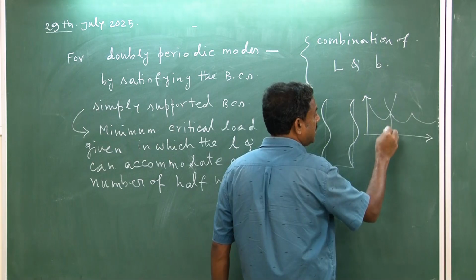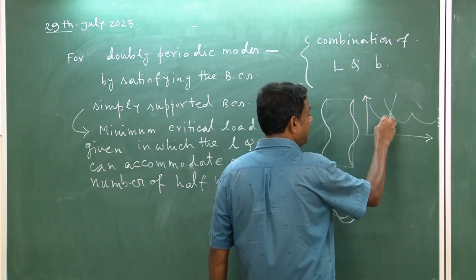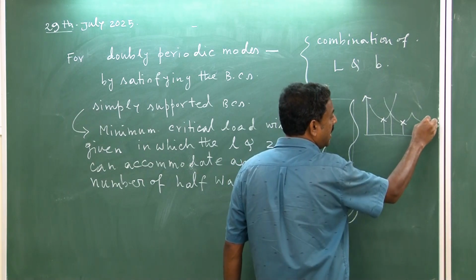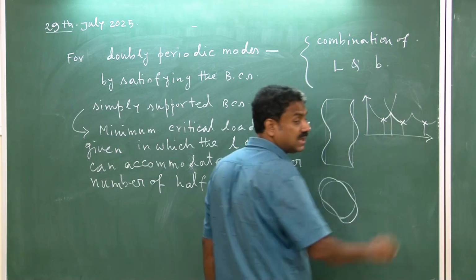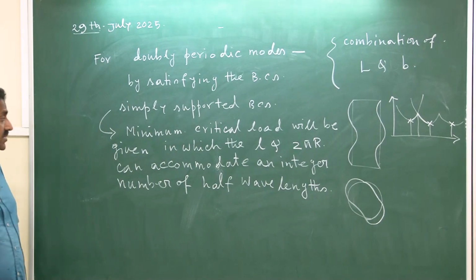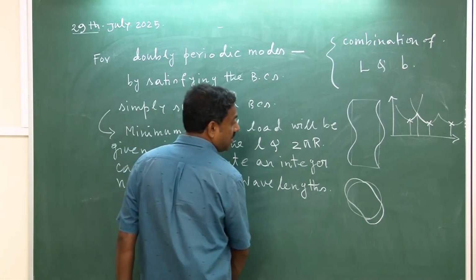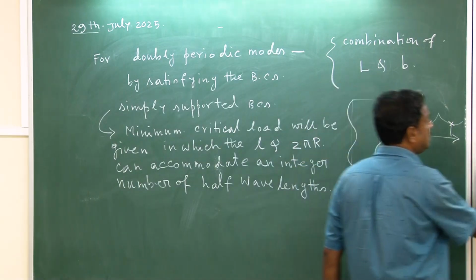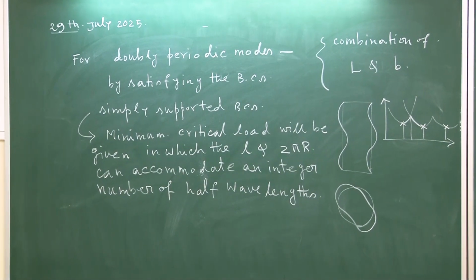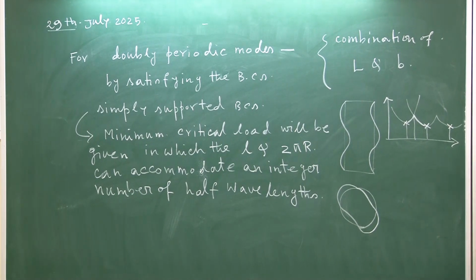If it is an integer, then it is attaining a minimum value. Otherwise, in both directions it is going up, because that is giving an energetically favorable configuration. So the same thing here as well. So boundary conditions also have influence on the critical load.